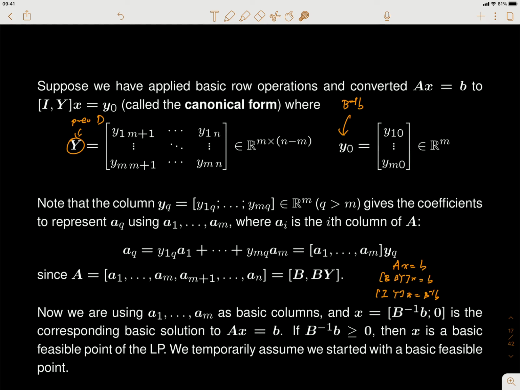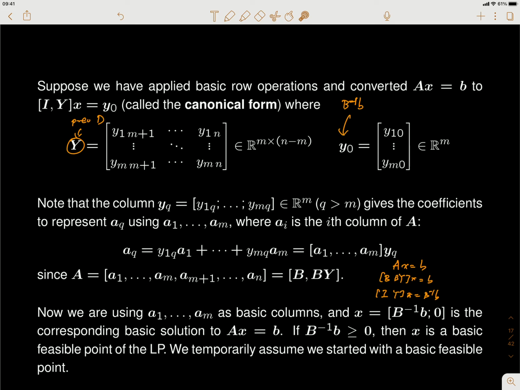Okay, so what it says is just that we check these and see if this is greater than or equal to 0. If it is, then we're already at one of the vertices. From now on, we temporarily assume that we already reached a basic feasible point.